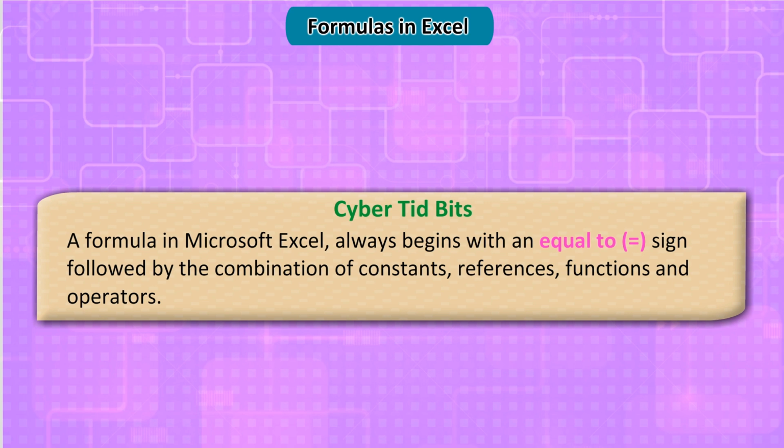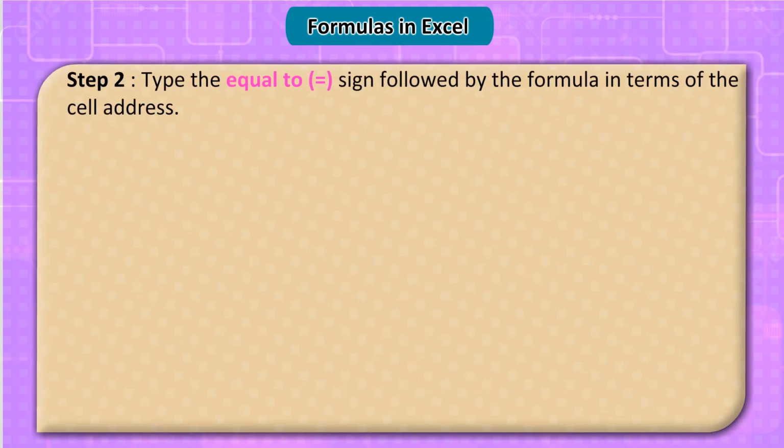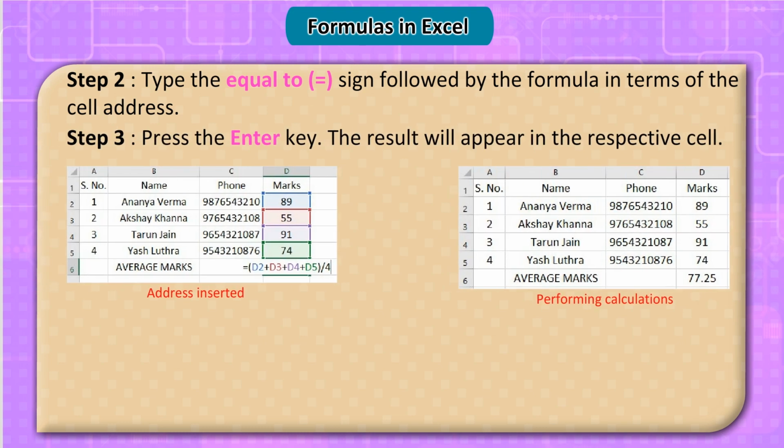A formula in Microsoft Excel always begins with an equals sign followed by the combination of constants, references, functions and operators. Step 2. Type the equals sign followed by the formula in terms of the cell address. Step 3. Press the Enter key. The result will appear in the respective cell.